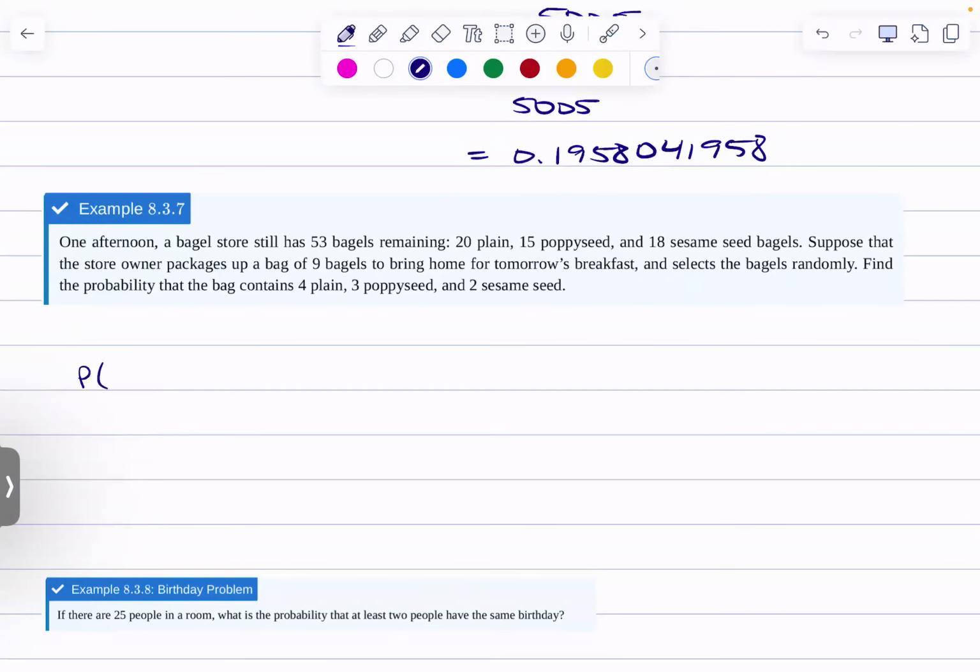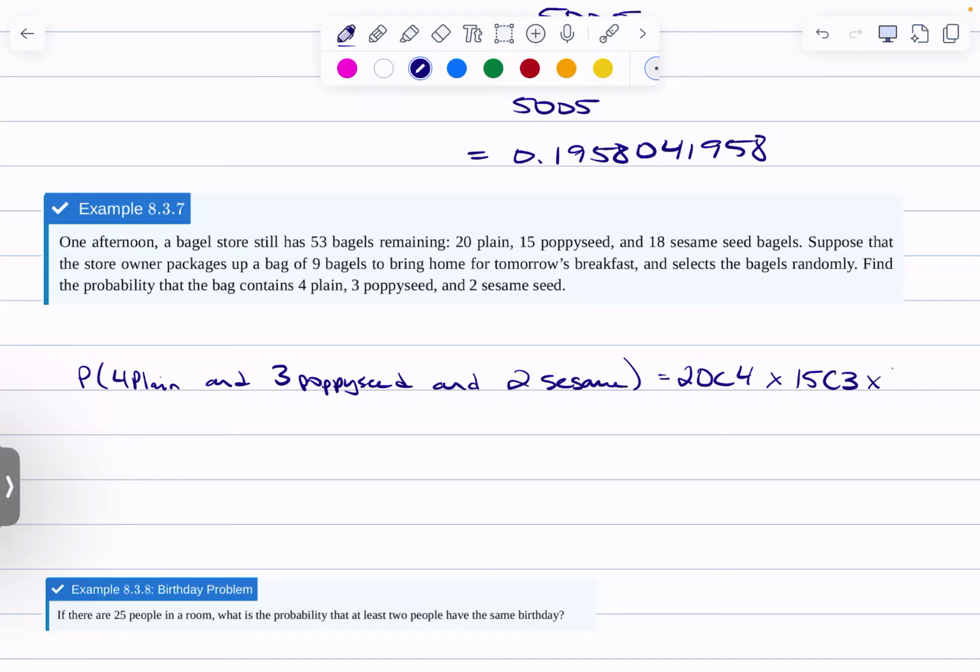We want the probability of 4 plain and 3 poppy seed and 2 sesame. From the 20 plain, I choose 4. And from the 15 poppy seed, I choose 3.